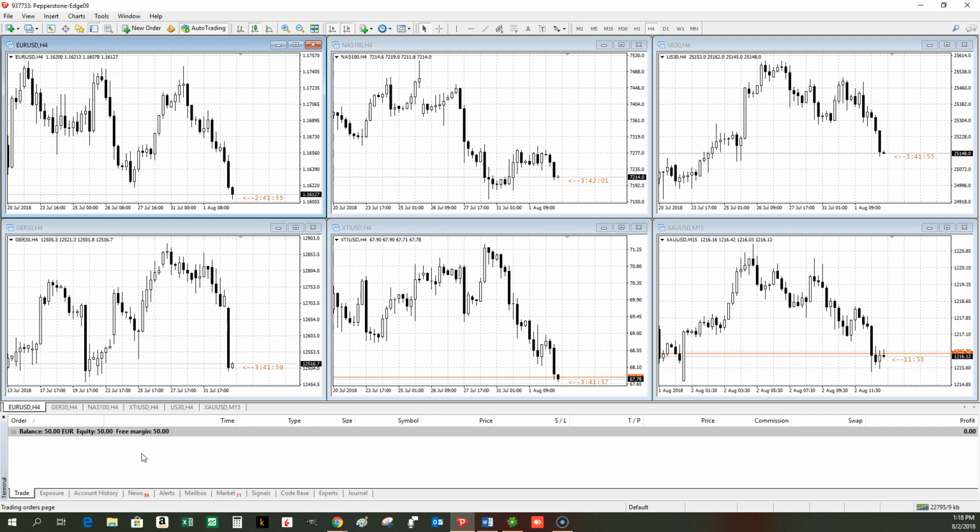If you make $10 a day, with 20 trading days in the open market, by the end of the month you're going to get $200, or even euro, as this is a euro account.